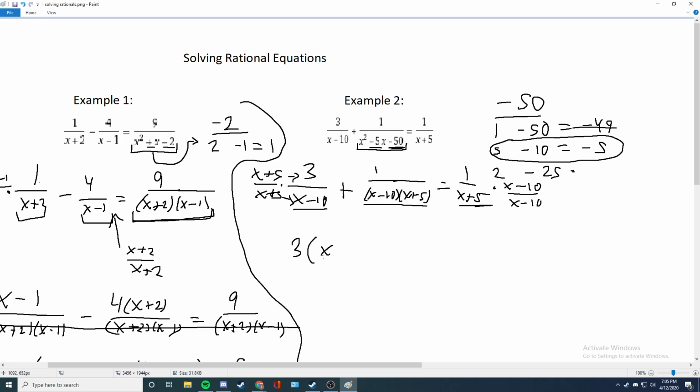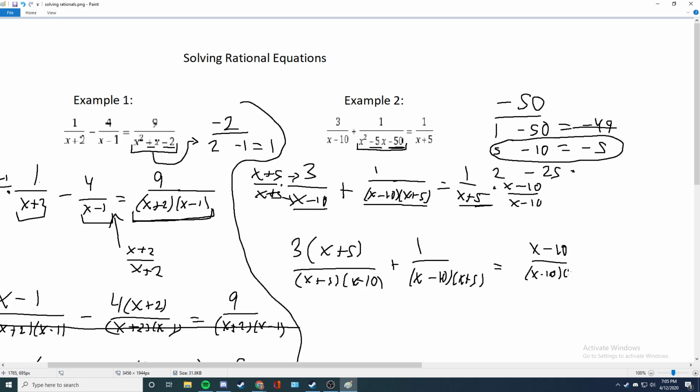We get 3 times x plus 5 over x plus 5 times x minus 10, I'm sorry, x minus 10, plus 1 over x minus 10 times x plus 5, and then we've got x minus 10 over the same denominator again, x minus 10 times x plus 5.